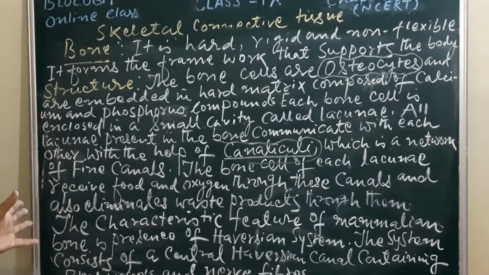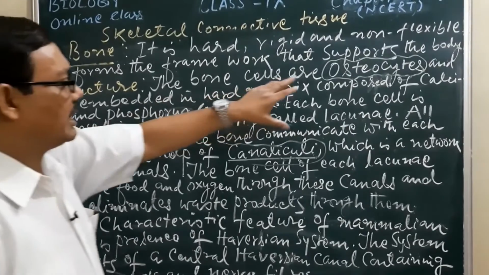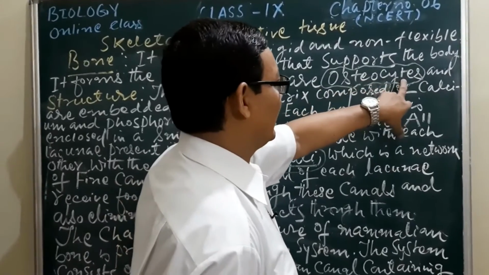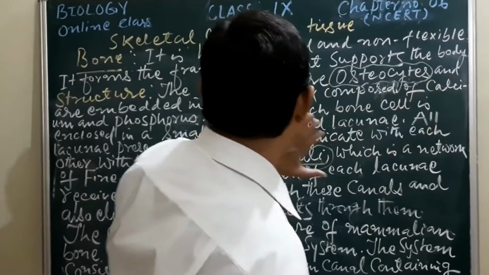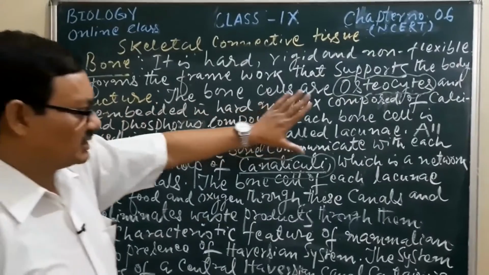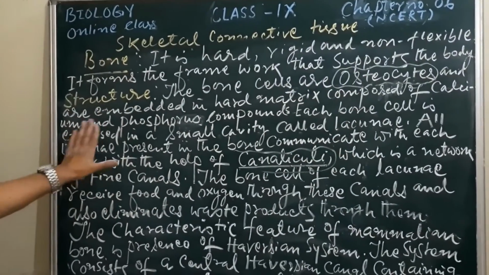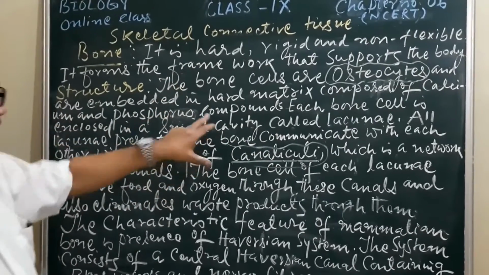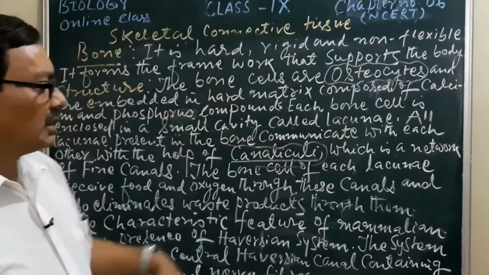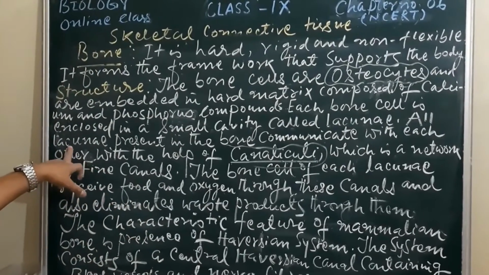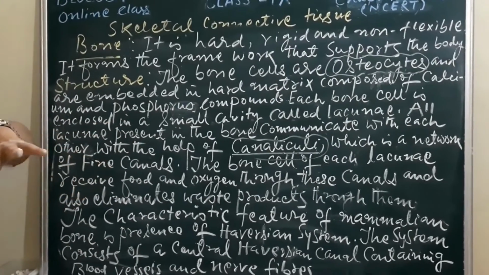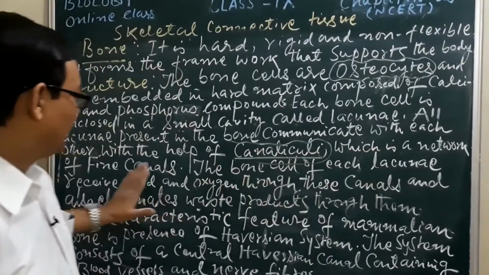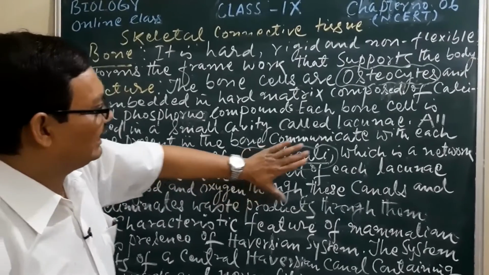So this is the structure of the bone, where you may see that osteocytes are the cells. The matrix is a hard matrix composed of calcium and phosphorus, and each bone cell is enclosed within the lacunae, like that of the cartilage, and all lacunae communicate with each other by a fine network of canals, that is known as canaliculi.